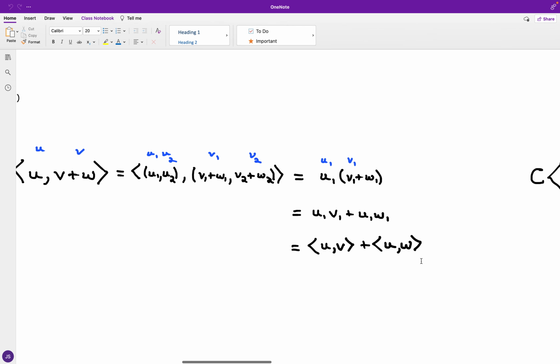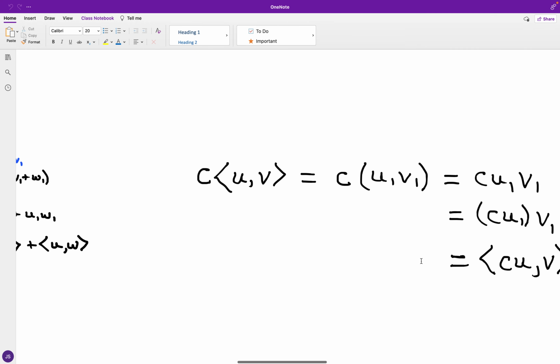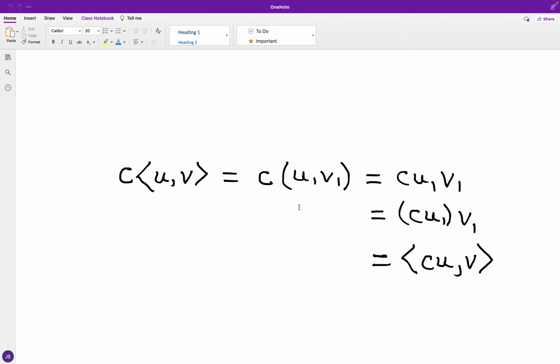Now, looking at the case of the third axiom, you have C times the attempted inner product where we have u paired up with v, and now we were looking at C times u sub 1 v sub 1, and that is equal to, upon distributing, C times u sub 1 v sub 1, and then grouping together the scalar with u sub 1.